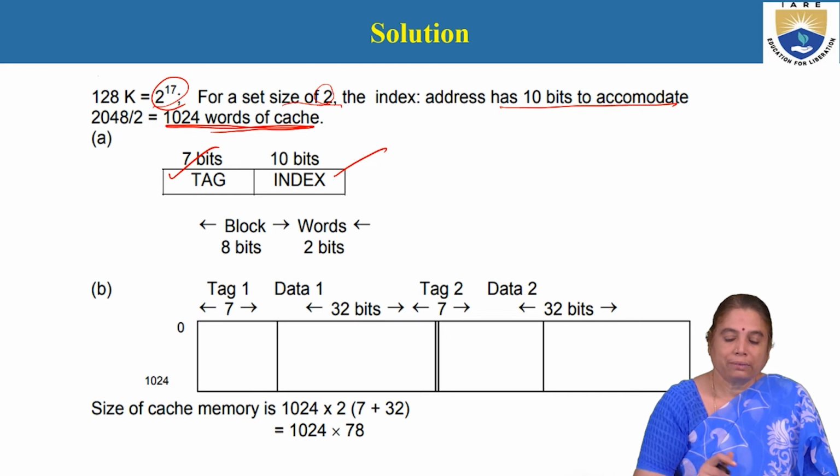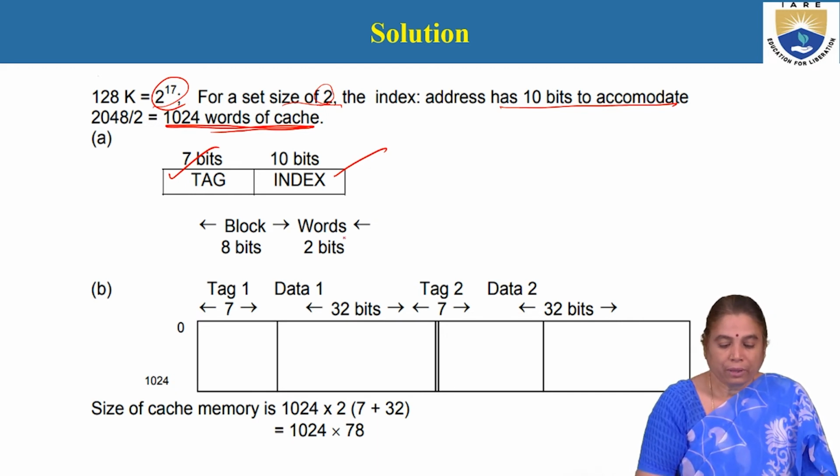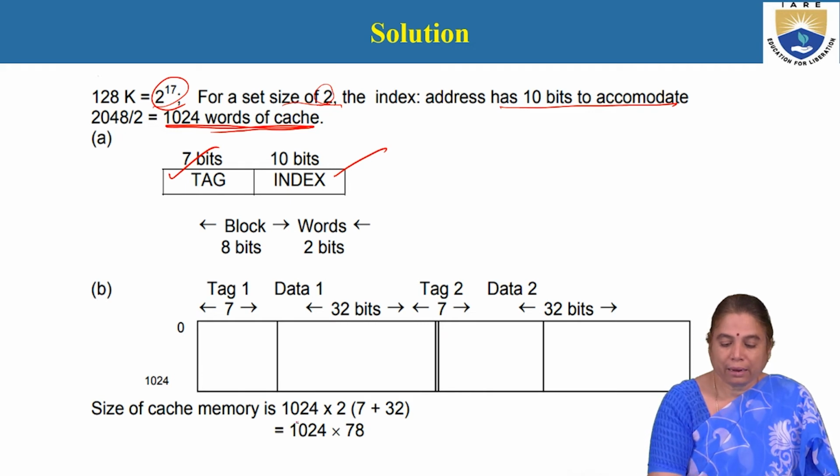So the block is 8 bits and the word is 2 bits. So here the size of the memory can be 1024 into 2 into (7 plus 32). In set associative mapping, 2 sets have to be designed.